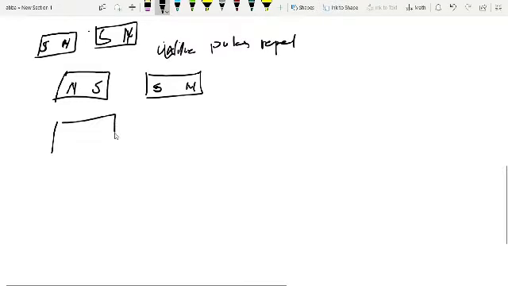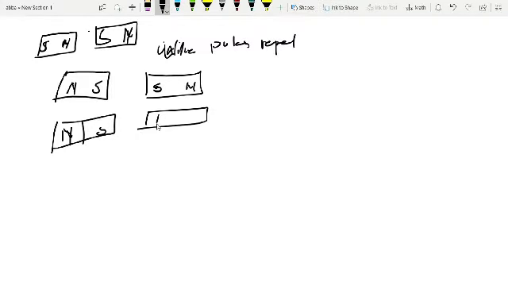Now, what happens if we have the north pole and the south pole, the north pole and the south pole? What happens is that like poles do what?